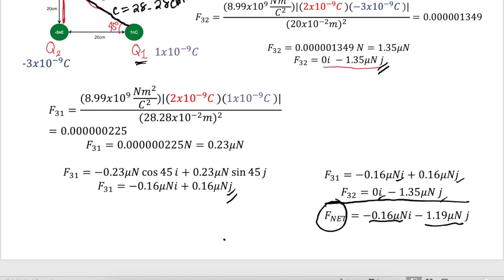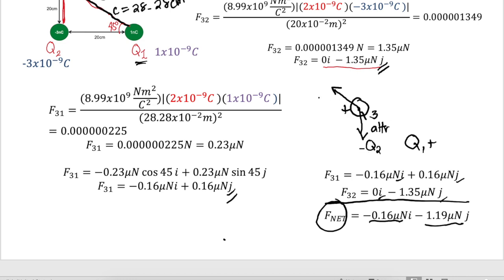Now, how do we confirm that that is correct? Let's just talk about our Q3. What is the force experienced by Q3? Actually, Q3 is dragged down due to Q2. It's the law of attraction between two different charges. Now, it's also repelled by Q1. Q1 is here, so it's repelled because this is positive and this is positive. This one is negative.